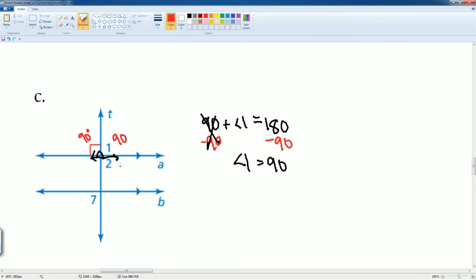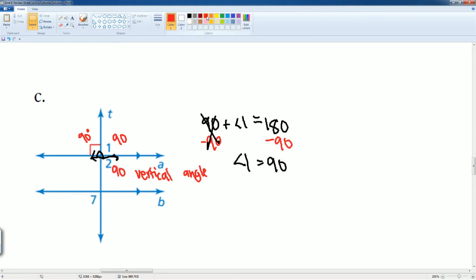If I do the linear pair again, or just see that if this is 90, this is also 90 degrees because of vertical angles. Then I can just grab this angle here and translate it down, and notice that it's going to be 90 everywhere, right?